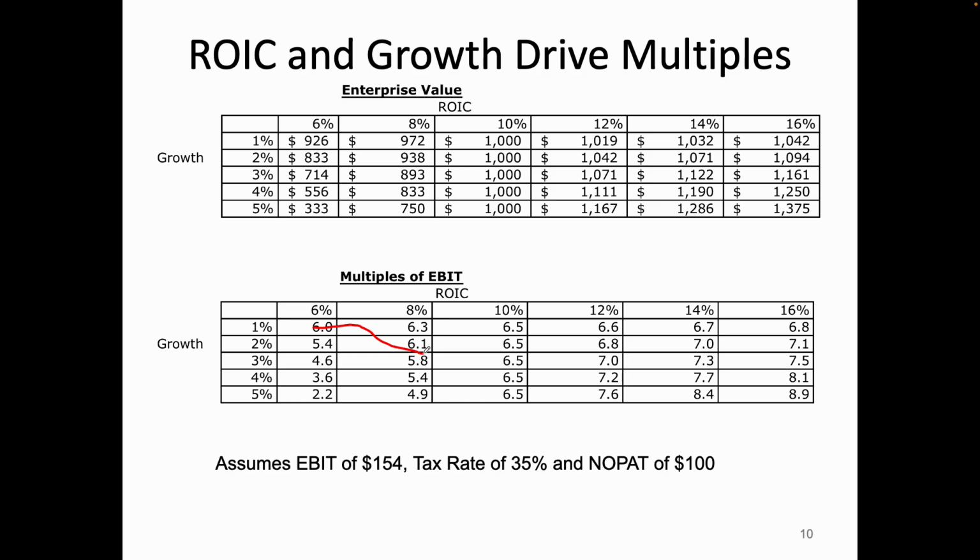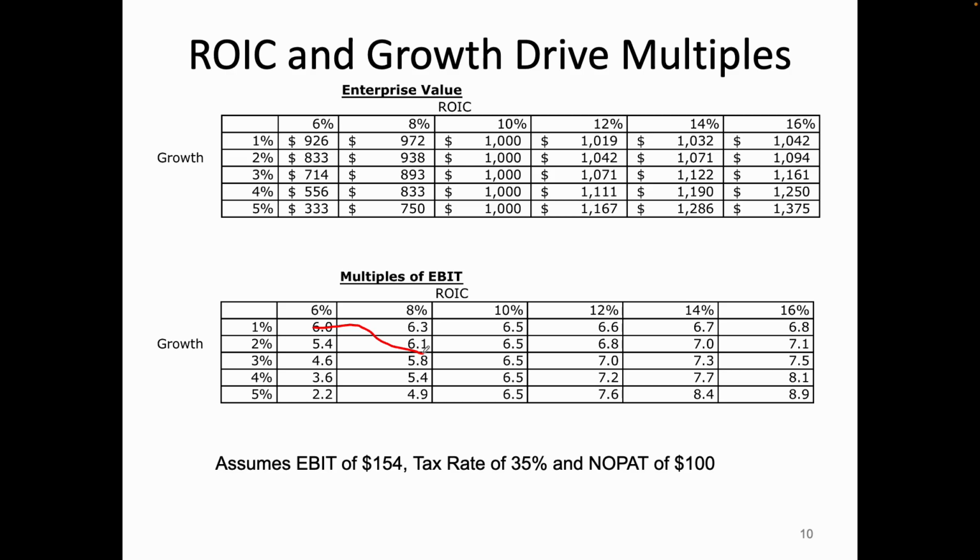I can have a 2% growth and an 8-ish ROIC and have a 6 times EBIT. So I could actually have anywhere in that range and still get to the same answer. That's why I told you earlier that multiples are more about the ranges. Because you can't tell me that this company in the future is at 1 and 6 or 2 and 8. But I know somewhere in the 1 to 6, 2 to 8 range is likely where this company is going to end up. That's the point.